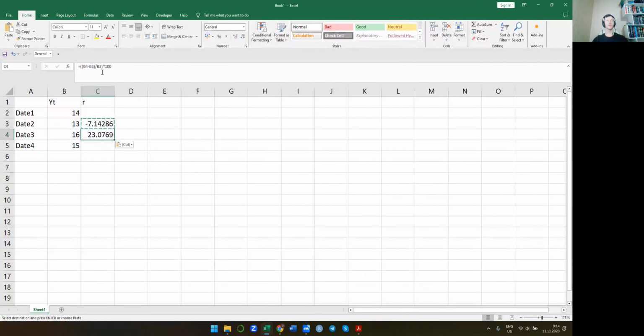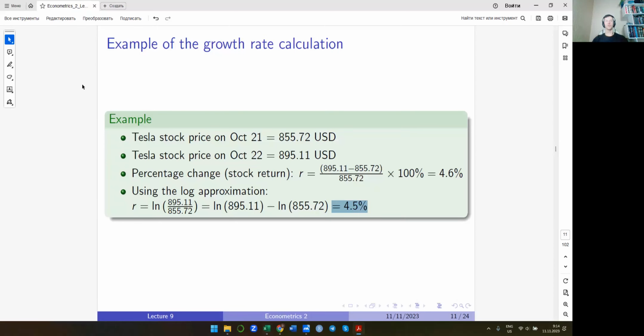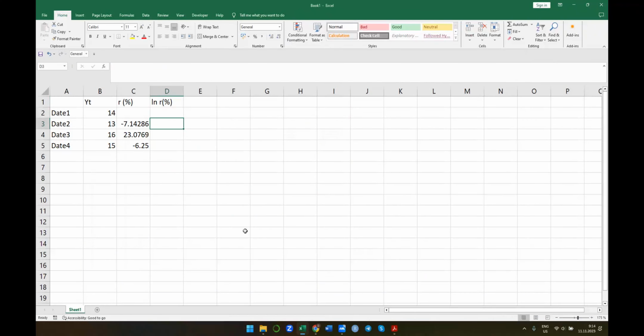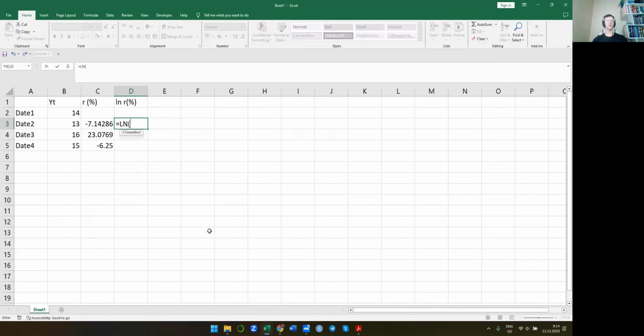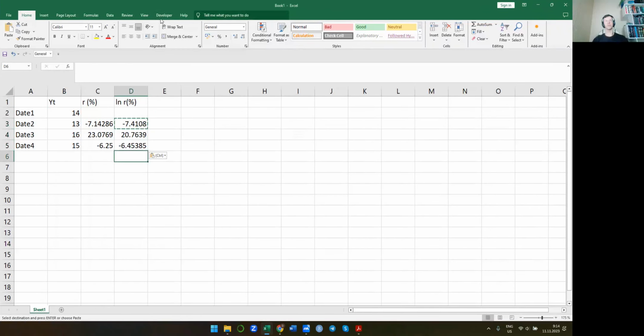This is the percentage change. Now, if you take these logs, we are going to have something like this over this multiplied by 100. So you see that the values are not exactly the same, and the larger the difference between these values, the larger the difference between these two approaches.